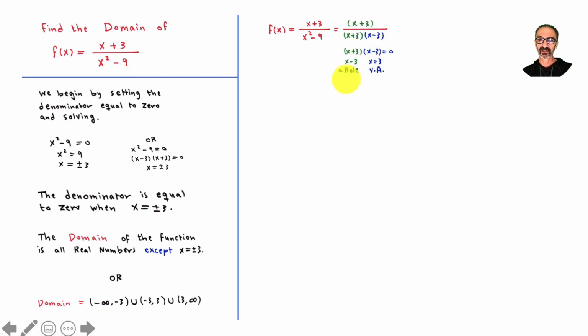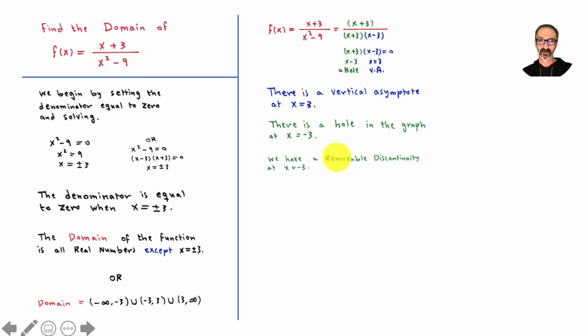At negative 3, there is a hole in the graph. There is a vertical asymptote at x equals 3. There is a hole in the graph at x equals negative 3. I'm keeping the blue with the blue and the green with the green. That's a hole in the graph, and that's a vertical asymptote. So we have a removable discontinuity at x equals negative 3.